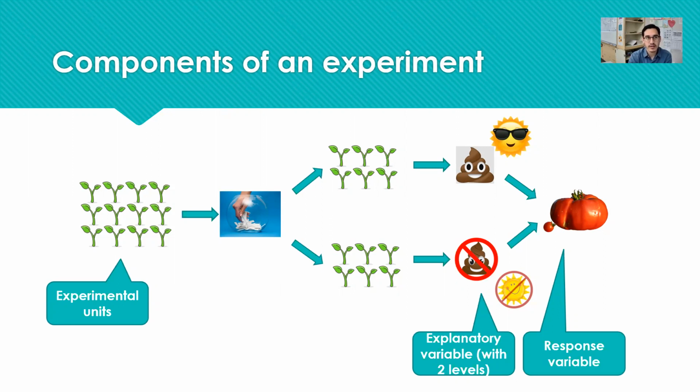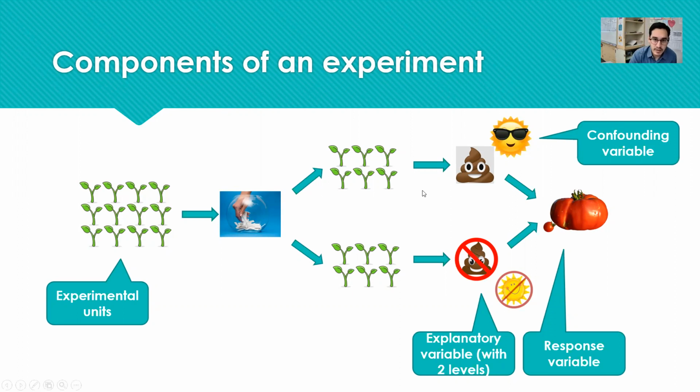Now there's this dilemma. Say those are the plants that had heavier tomatoes. Is it because they were fertilized, or is it because they had more sun? Now there's two possible explanations for why that group of plants may have had the heavier tomatoes. So sun is called the confounding variable. It was not part of the original plan, but we recognized later that it was a factor that may have affected the results.